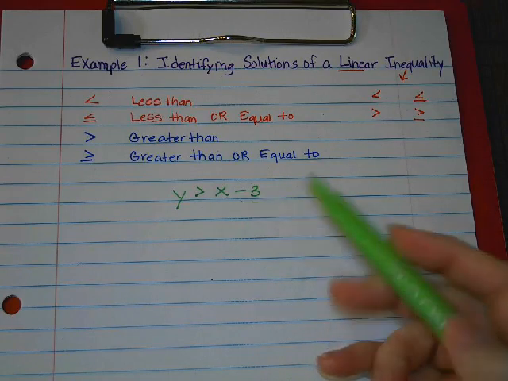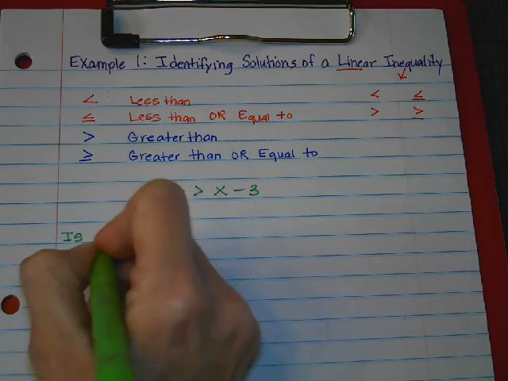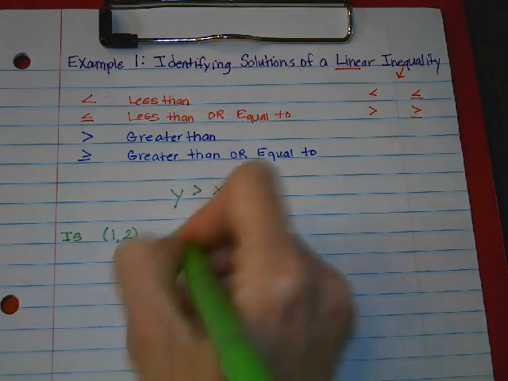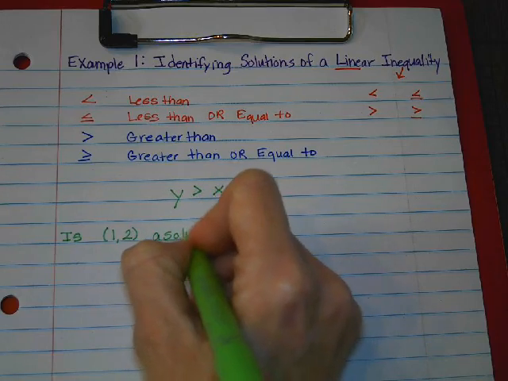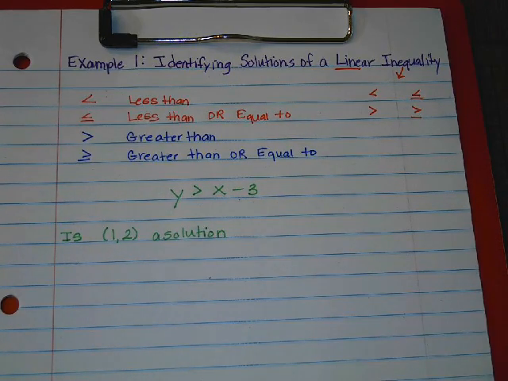And the question that we're posing is, is the point (1, 2) a solution to this inequality? To determine if it is a solution, we have to first identify what 1 represents and what 2 represents.